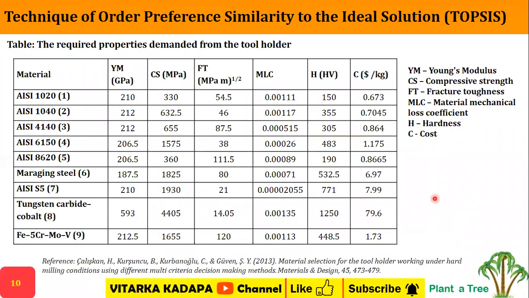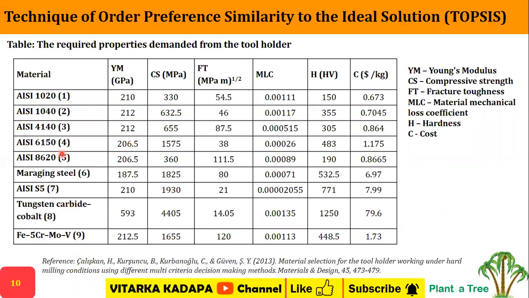Now I am going to take a problem which has already been published in standard literature. Here the problem is to select a material for some machining operations. You can generalize it as needing to select the best material.